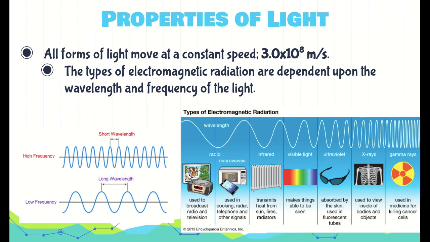With the properties of light, you do need to know that any kind of light is going to move at a constant speed, and the speed of light is 3.0 times 10 to the 8th meters per second. Any type of electromagnetic radiation will be dependent upon the wavelength and the frequency of light.